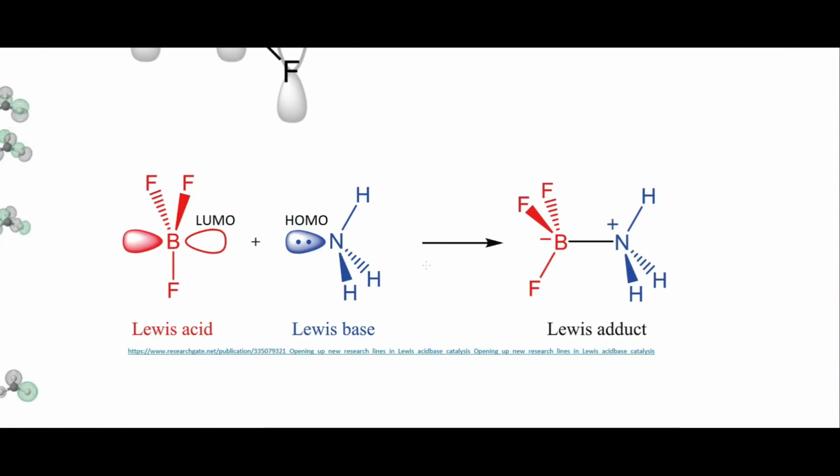And so we'll see in future videos down the line when I get into acids and bases that the Lewis acid is something that has this lowest unoccupied molecular orbital, and a Lewis base has this highest occupied molecular orbital, and they like to bond together like this. And if you've taken organic chemistry, you've probably heard of nucleophiles and electrophiles.